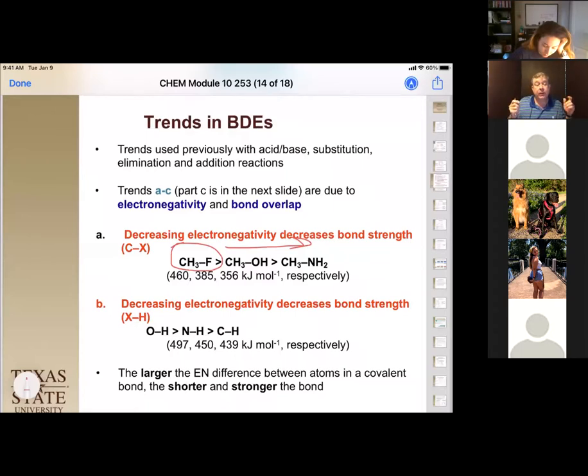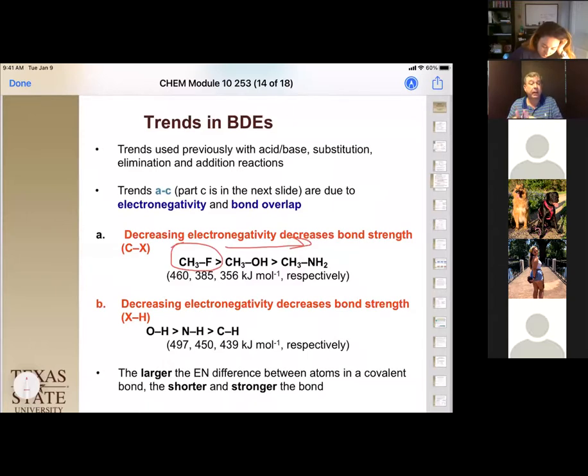So if we think about the electronegativity difference between oxygen and nitrogen and hydrogen, oxygen and hydrogen have a more polar bond, and therefore it has a higher bond strength. And nitrogen and hydrogen have a less polar bond, and it has a lower bond strength.